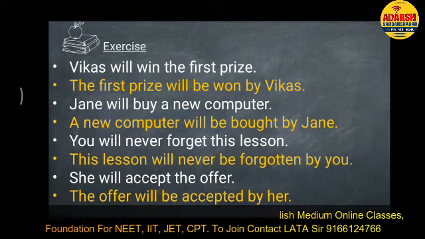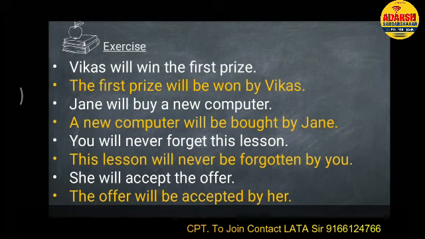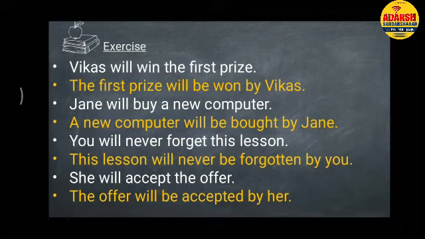With it we use the past participle, which is a must in passive, as won, because the third form of win is won. With it we also put will be as a helping verb in passive. So here you can see our sentence: the first prize will be won by Vikas.